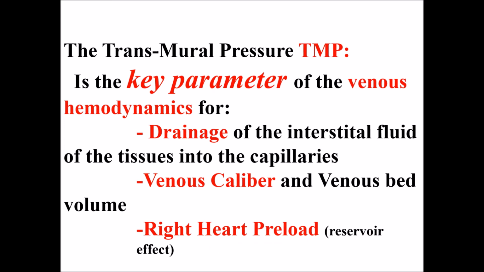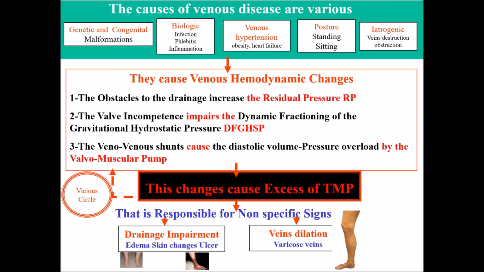The causes of venous disease are various: congenital, genetic, biologic, venous hypertension, posture, and iatrogenic, as for example destruction of varicose veins.